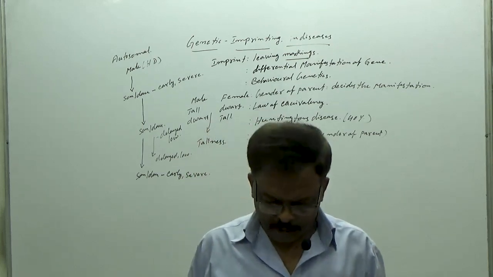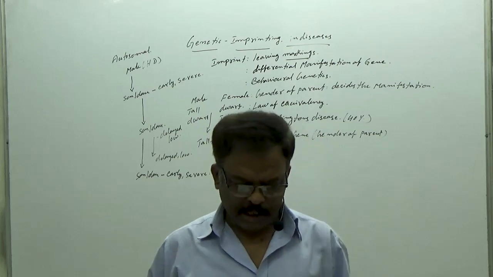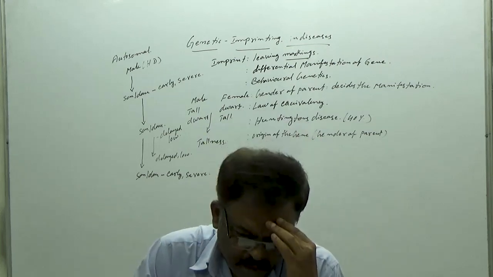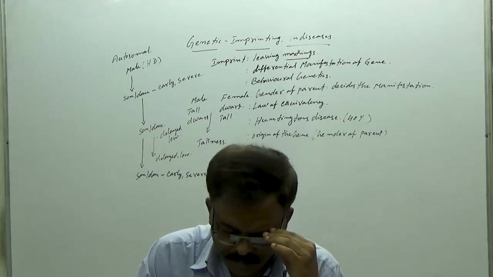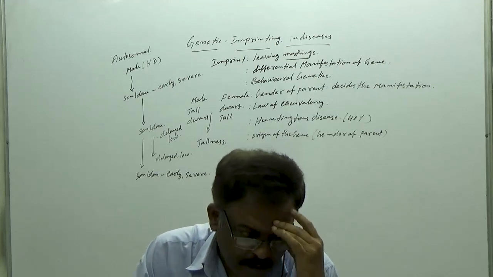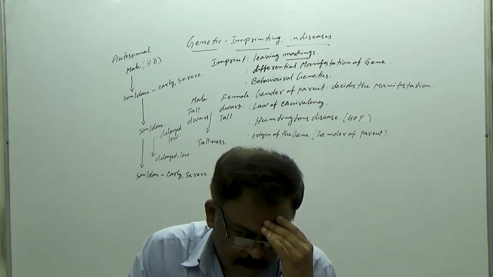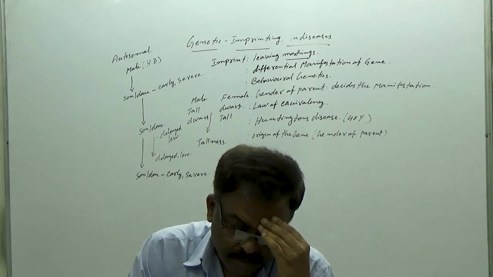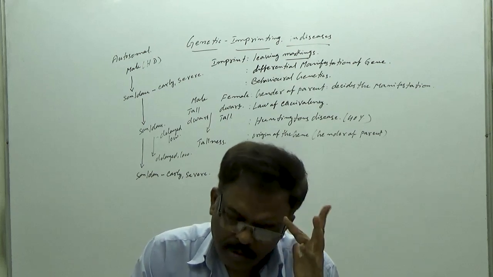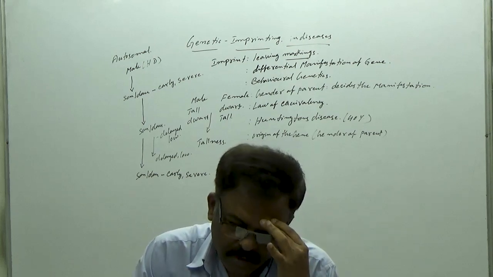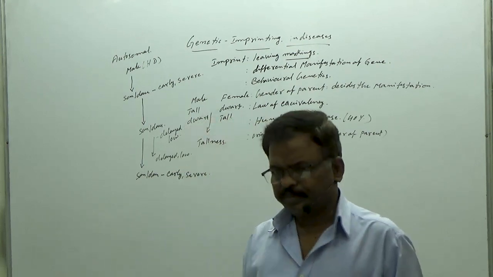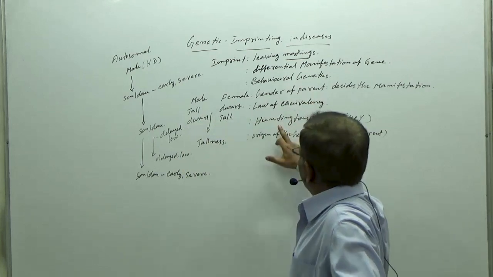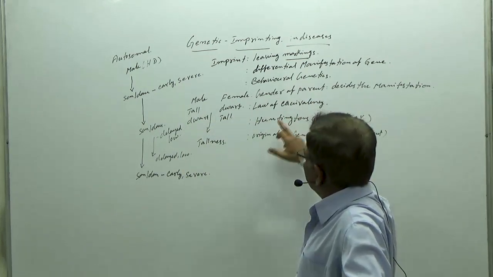Differential manifestation of gene based on the gender of parent is known as imprinting. Example, Huntington disease.